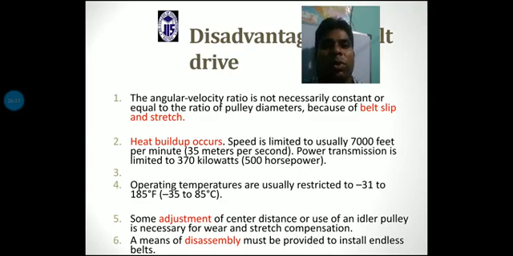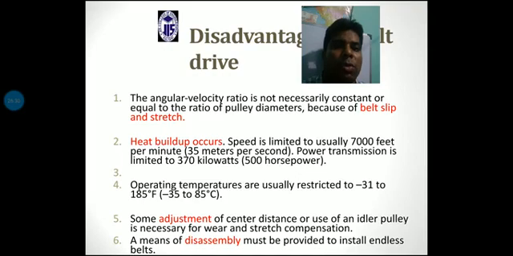Now, next point is heat buildup occurs. Heat buildup means during the rotation of the belt and pulley, some heat will be generated. That means the speed is limited.